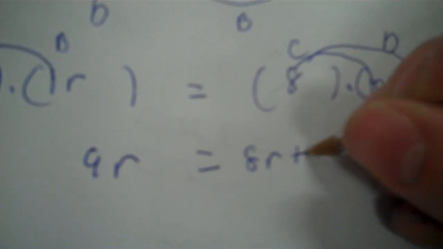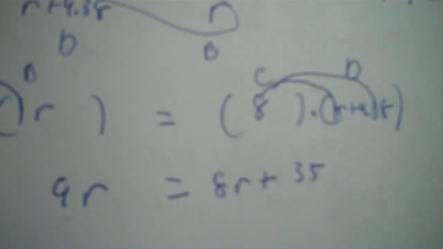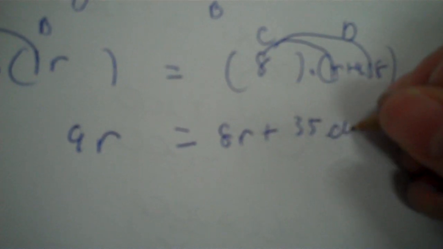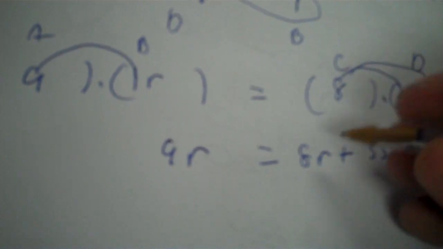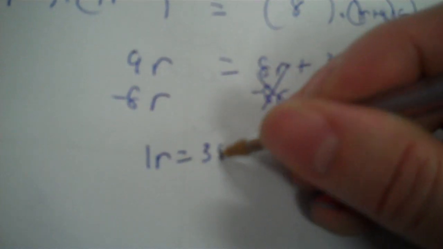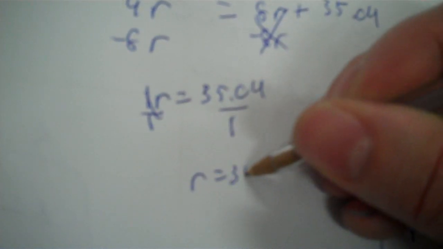So that's 8R, and 8 times 4.38 is 35.04. You're solving for r instead of x, but it's r only, so you're using your linear properties. So take out the smaller r if there's two of them. Only one answer. So 1r equals 35.04. You can divide by 1 if you want, but it's still 35.04.